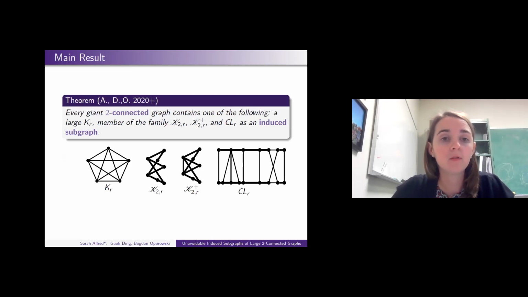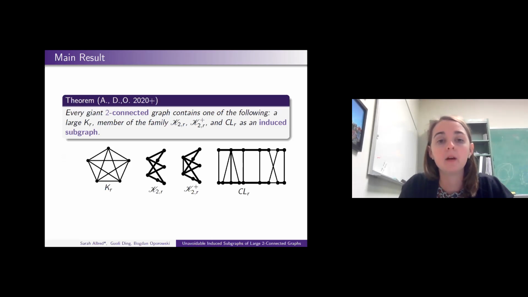A complete graph, we're talking about induced subgraphs. So any vertex that we delete is going to give us a smaller complete graph. So in our giant two-connected graph, when we find a complete graph that's large enough, we're going to be happy.